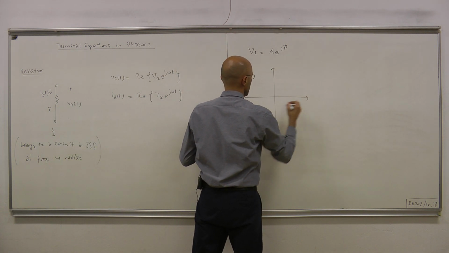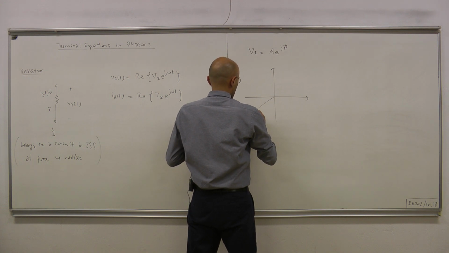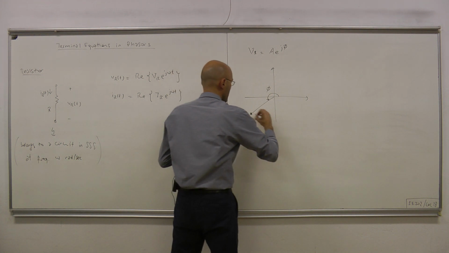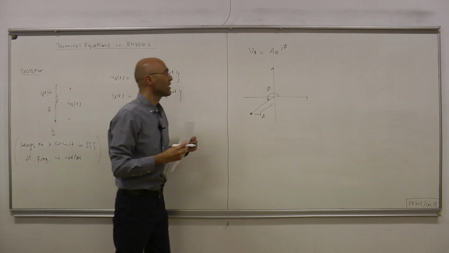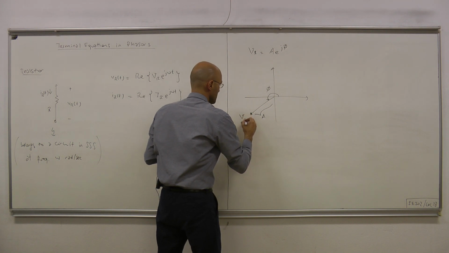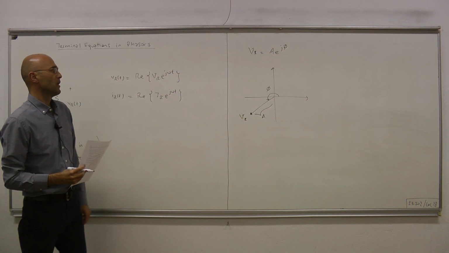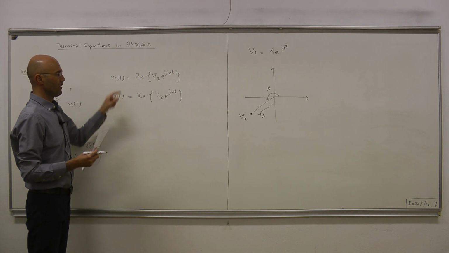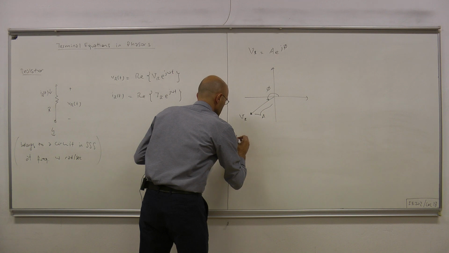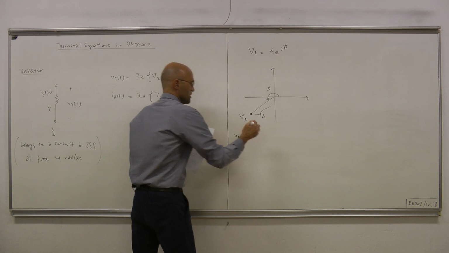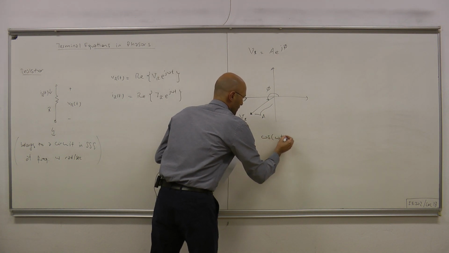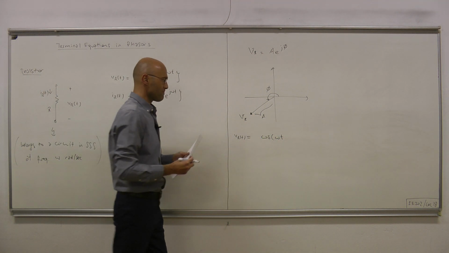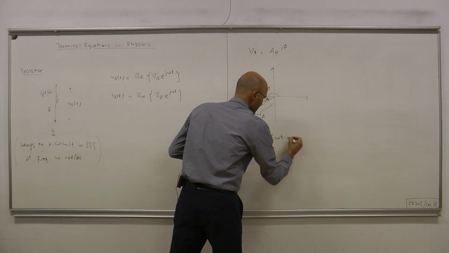In other words, the phase is phi and the magnitude is A. That means that vR(t), remember from the previous lecture, is a sinusoidal with some magnitude and some phase.